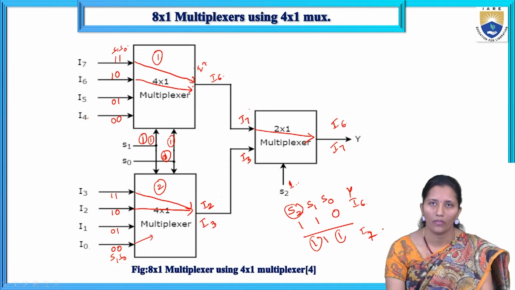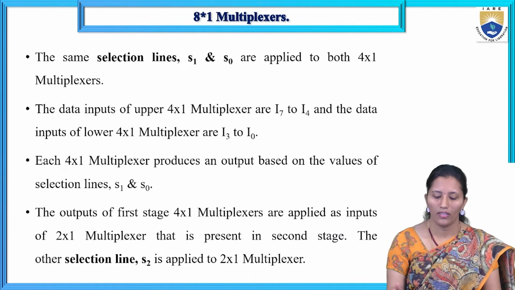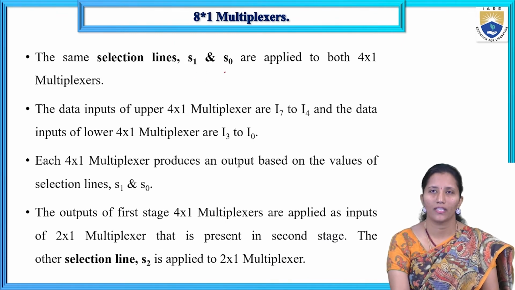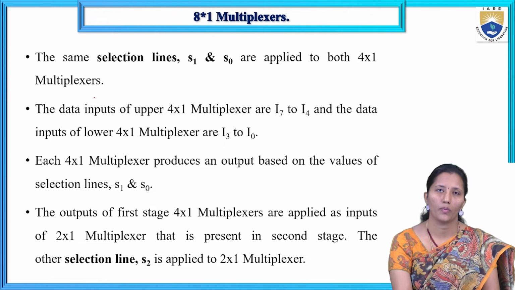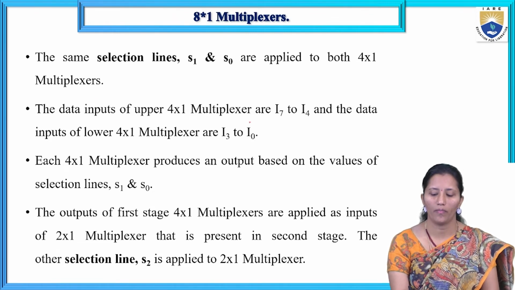So like that we have to realize the 8 by 1 multiplexer using 4 by 1 multiplexers. The same selection lines S1 and S0 are applied to both 4 by 1 multiplexers, and the data inputs of the upper 4 by 1 multiplexer are I7 to I4 and the lower multiplexer's are I3 to I0. Okay.